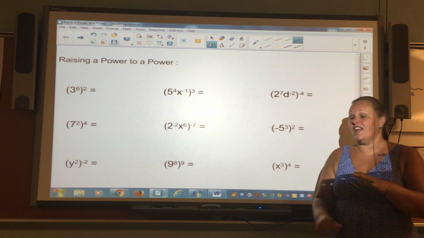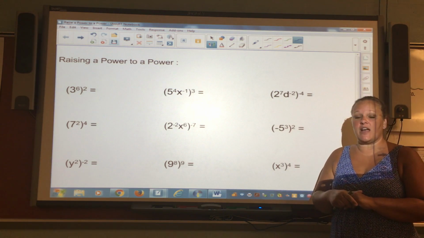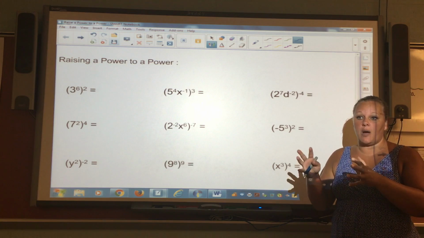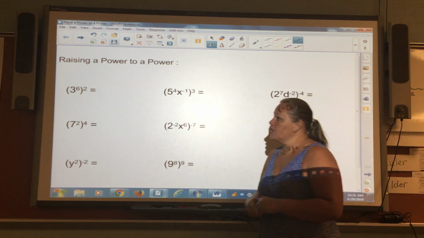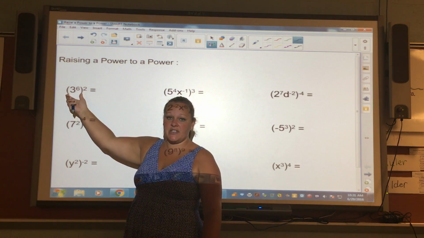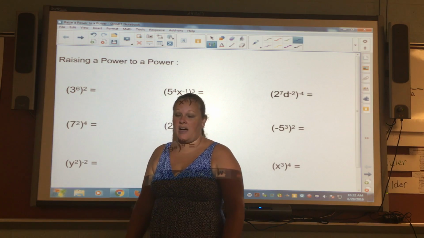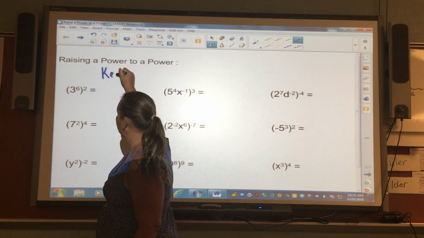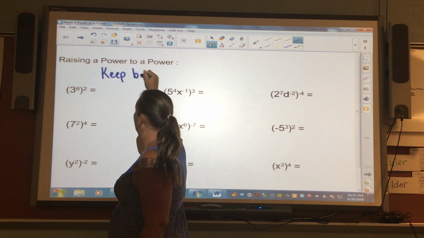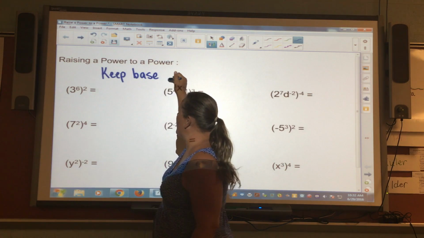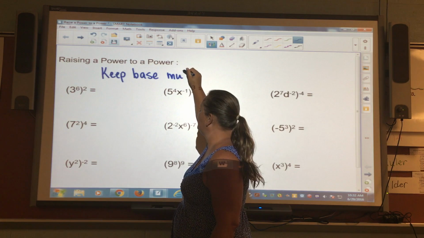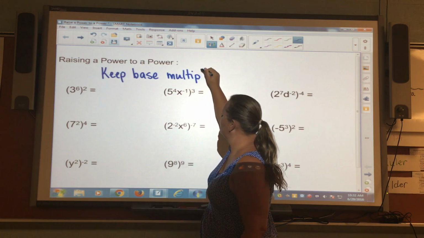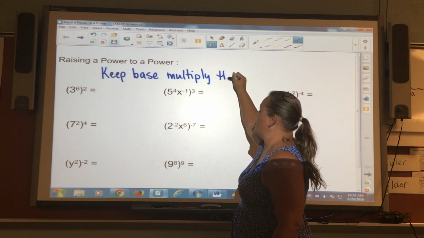All right, so in this video, we are going to be talking about raising a power to a power. So we have a set of parentheses and an exponent on the outside. When you have this, again, we're going to keep the base, whatever it is, but this time we are going to multiply the exponents.